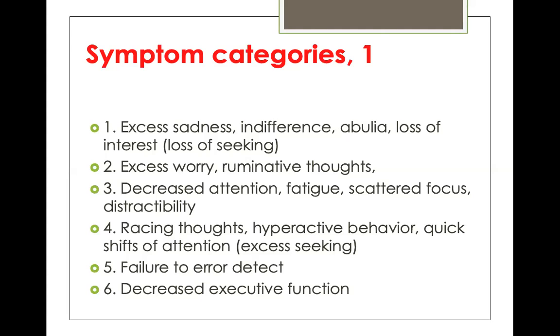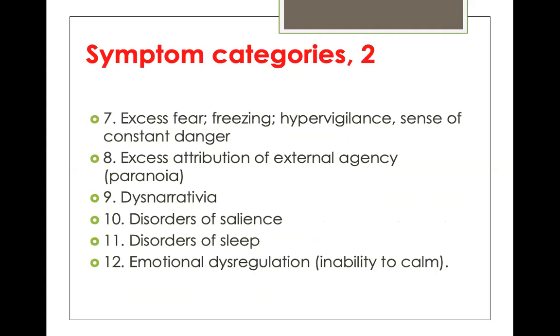And almost the essence of mania is that people lose the capacity to determine that their behavior is not producing the effect that they desire. So failure to detect error. A sixth category is decreased executive function. A seventh is excessive fear, freezing, sense of constant danger.